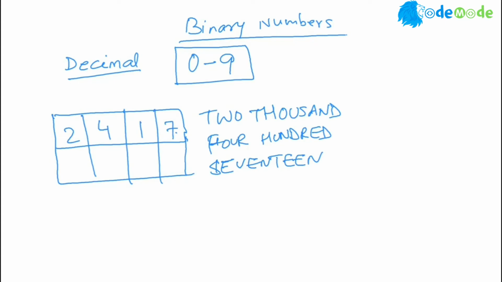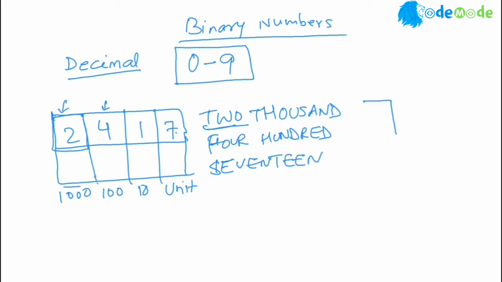This is your unit, this is your 10th place, this is your 100th place, and this is the 1000th place. The number 2 is smaller than number 4, but this position is much stronger in the number. It comes first. When we read, we always read 2000 first, even though number 4 is bigger. That's primarily because number 2 comes at the position of 1000.